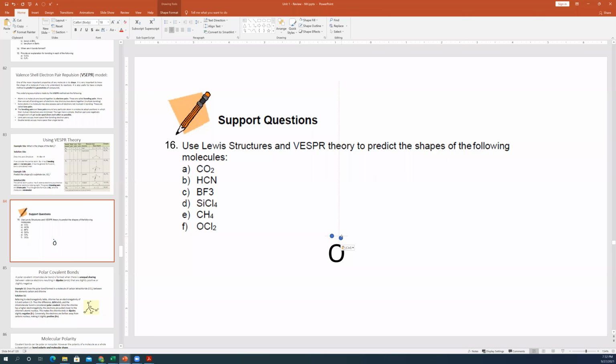So 1, 2. Okay, so here we have 6 electrons. So, and what does the rule say? The rule says put 1, imagine like 4 sides to it, put 1 on each side, and then you can start pairing them up.